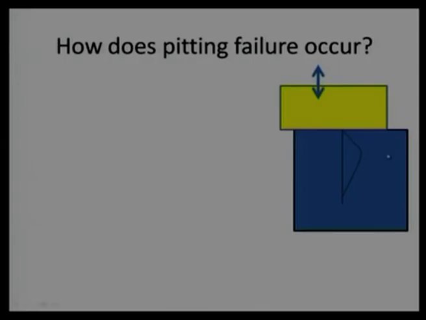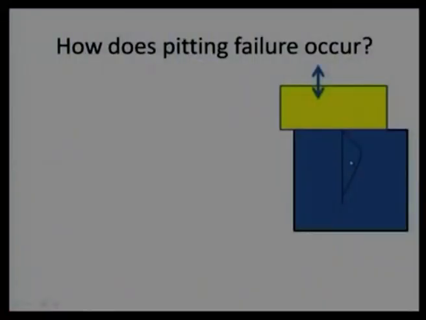We know pitting occurs generally because of shear stresses. It is not because of compressive stresses, or in other words, one direction is a compressive stress, but that is inducing the shear stress in the lateral direction, that causes a fracture, that causes a failure. An interesting thing is that shear stress will be lesser at the surface and higher at the subsurface.